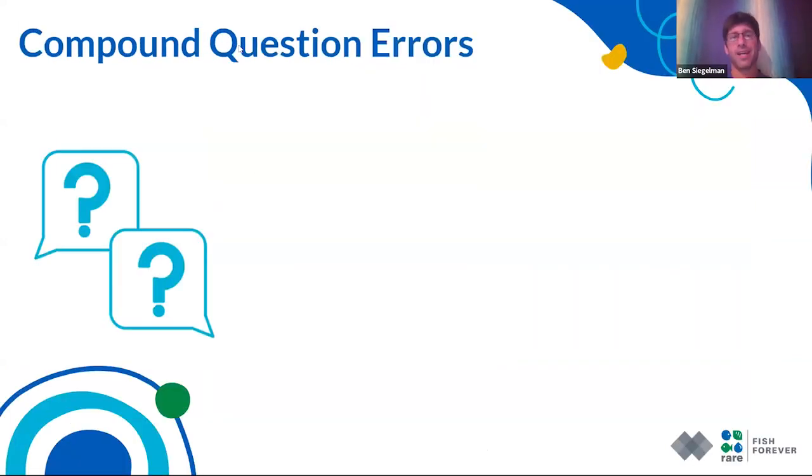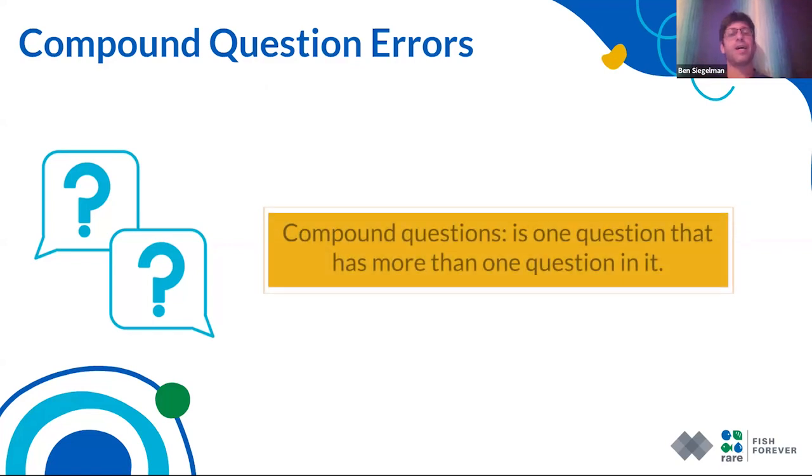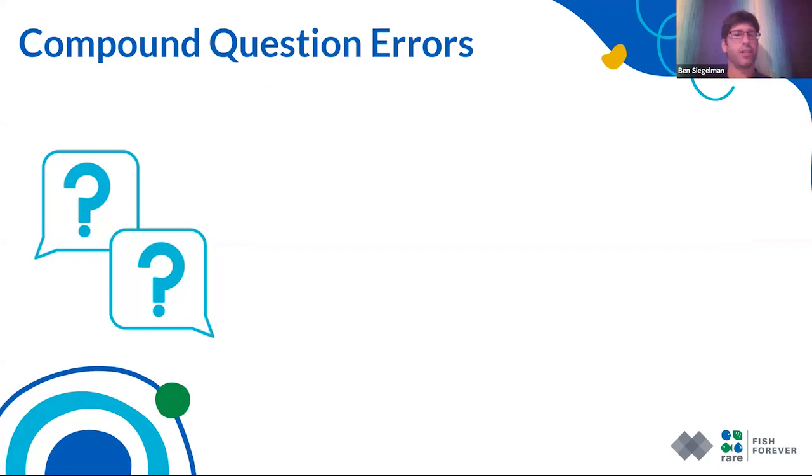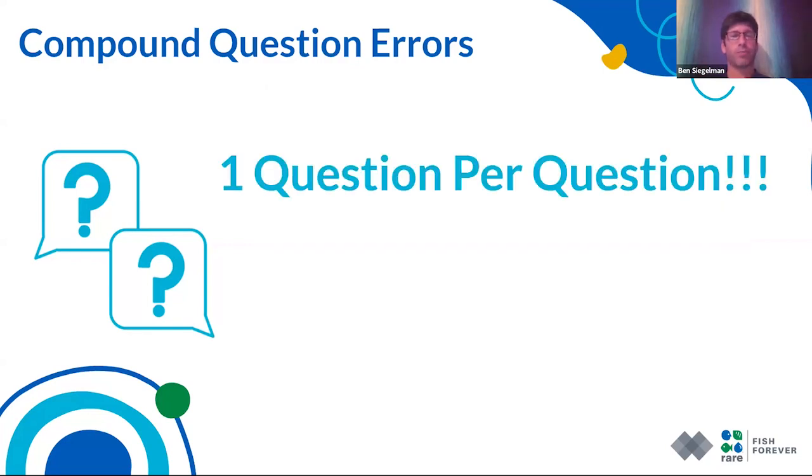All right, the next kind of mistake is another one that I see all the time. It's really obvious once you know about it, but until you know about it, it's an easy mistake to make, which is compound questions. Compound questions is one question that has more than one question in it. So my rule is very simple, one question per question only.